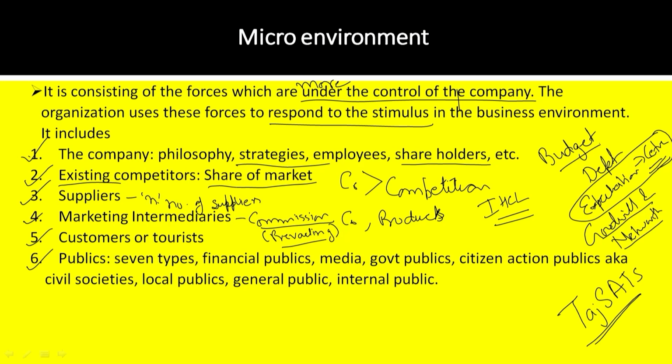The citizen action public, also known as civil societies: people are nowadays very active in PETA, in taking care of stray dogs, in taking care of downtrodden people, reaching the last person at the bottom of the line in terms of income. So all those marginal societies, and inclusion of these people into tourism activities. These action groups of the society, or civil society, play a very important role.